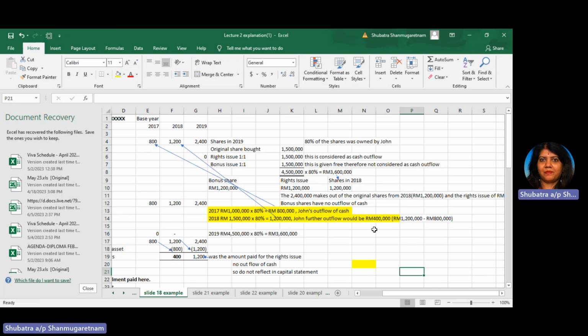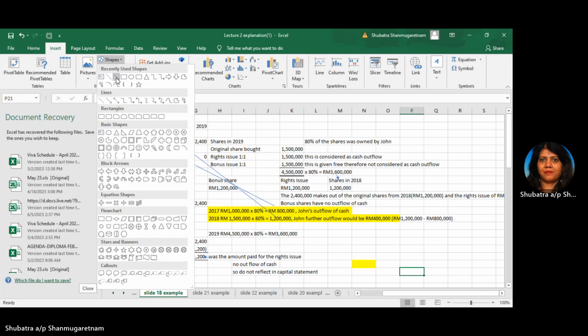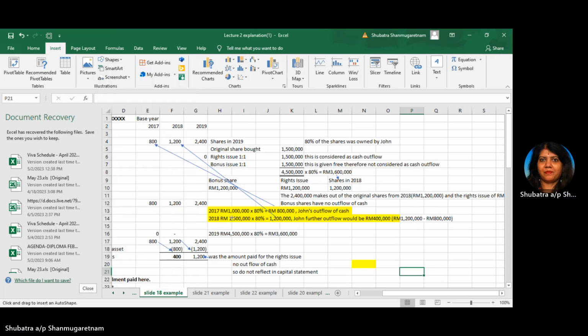Now, in 2019, you have to be a little bit more careful. End of the day, the share capital of MJSB was 4.5 million. How does this 4.5 million consist of? It consists of the original shares in 2018, which was 1.5 million.